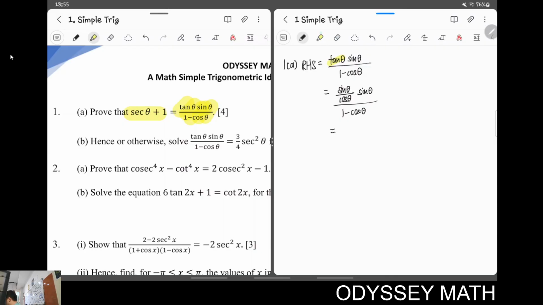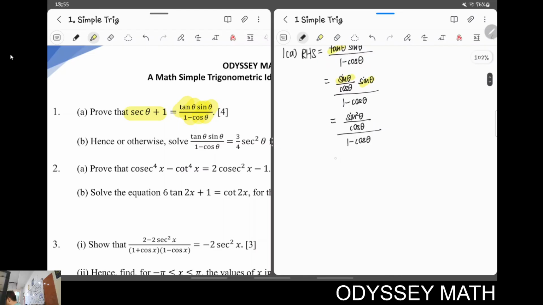So sine theta times sine theta is sine square theta over cosine theta. Now we put over 1 minus cosine theta. And then this would be sine square theta over cosine theta times 1 over 1 minus cosine theta, correct?